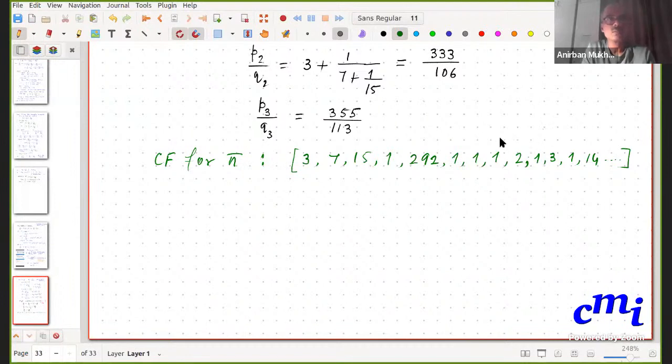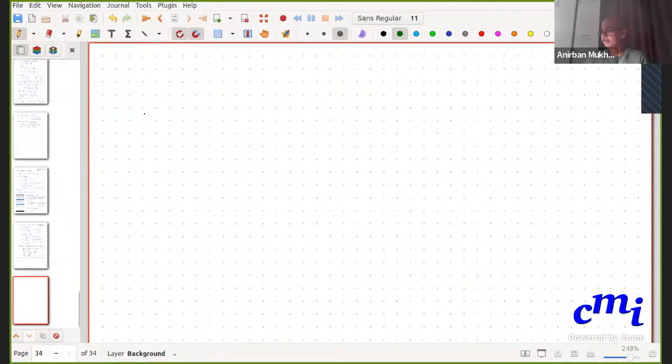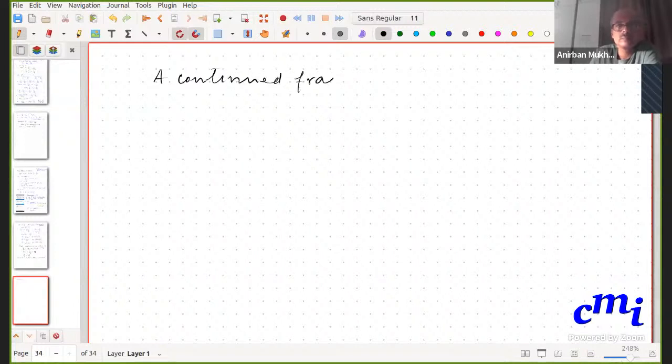Let me just go to add a page. So a continued fraction for pi. It's a different kind of continued fraction.